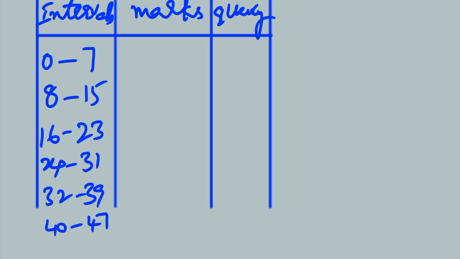So you see, after completing all the class intervals, finally we got 6 class intervals here. I selected 6 only. So 1, 2, 3, 4, 5, 6 class intervals we got.